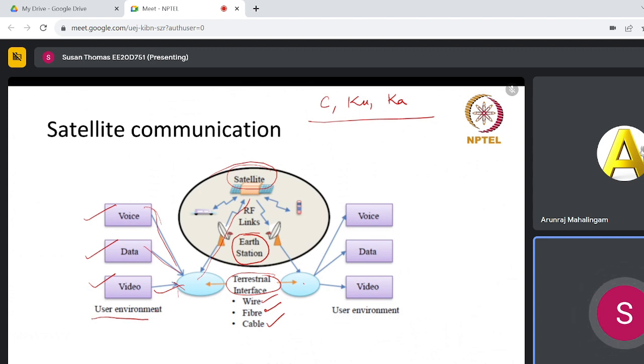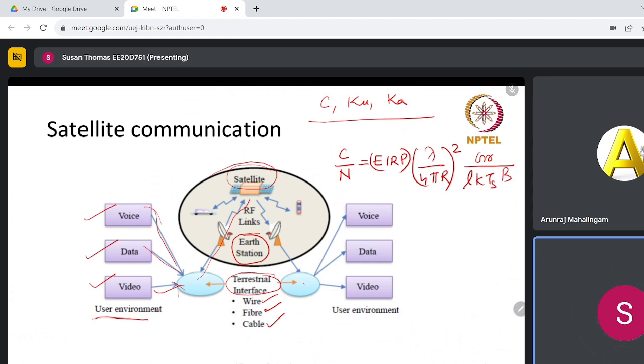You should also know something about the carrier to noise ratio. It can be written as the effective radiated power EIRP multiplied by lambda by 4 pi r the whole square, into GR by L KTB. So this is the carrier to noise power ratio. You know what noise power is, KTB, and what carrier power is.